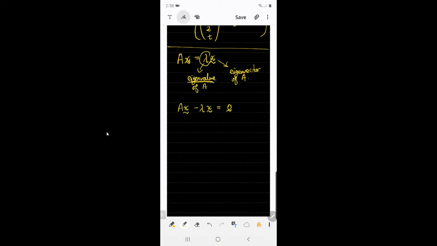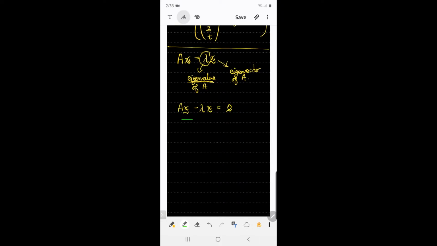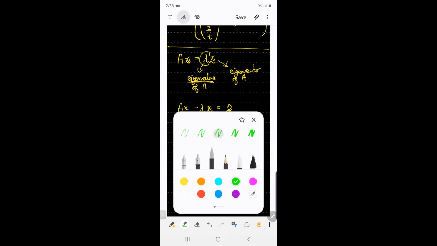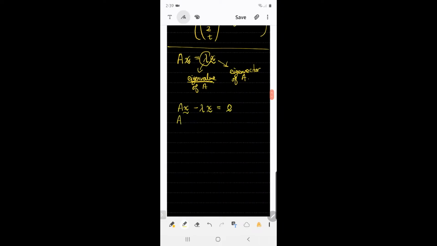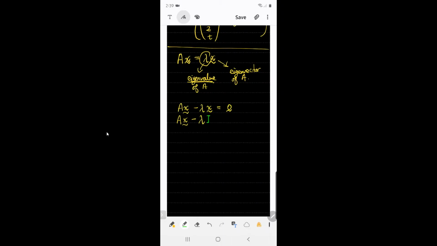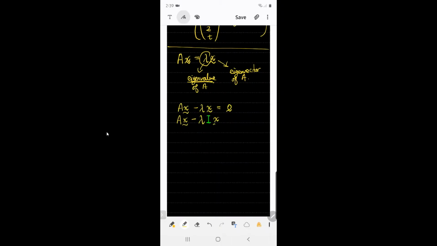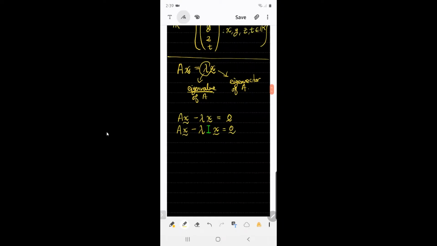Now I'm going to introduce a matrix I. So you see that Ax minus lambda x, I introduce the I here, so that I can factorize the x. This is a matrix factorization.